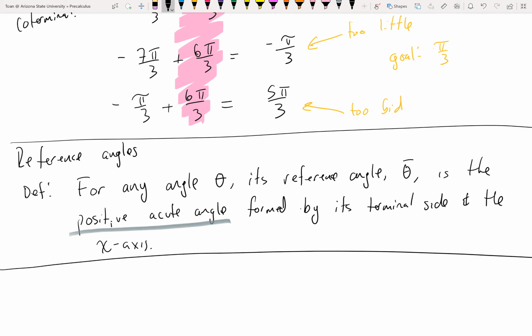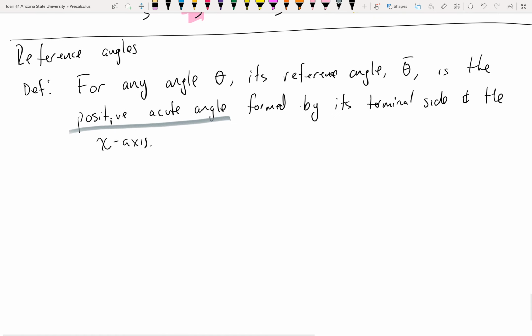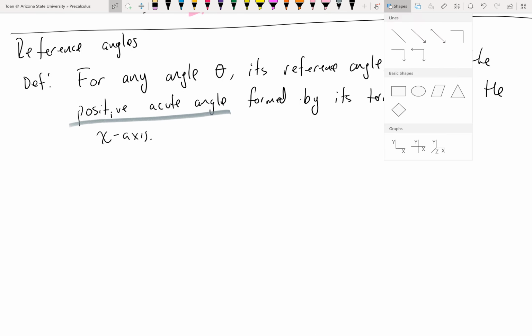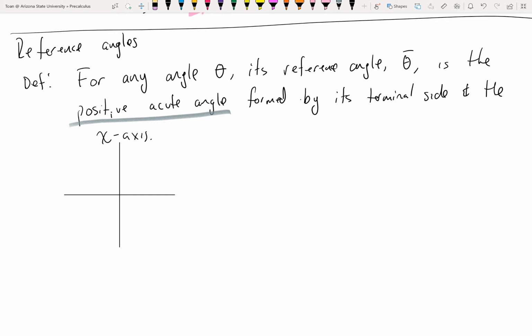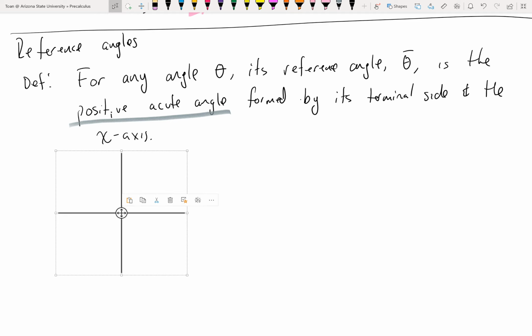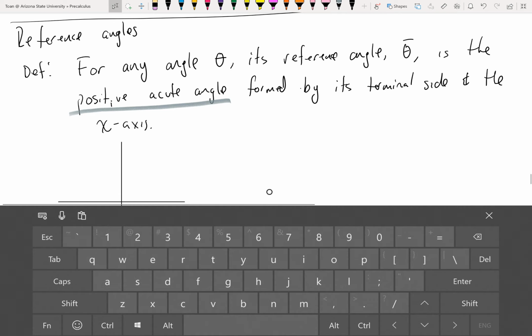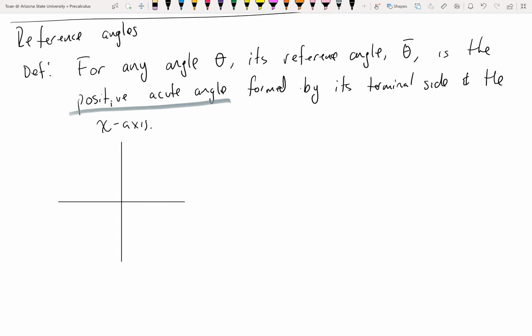I think this is a lot easier to see with pictures than it is with words. Let me delete this line here.